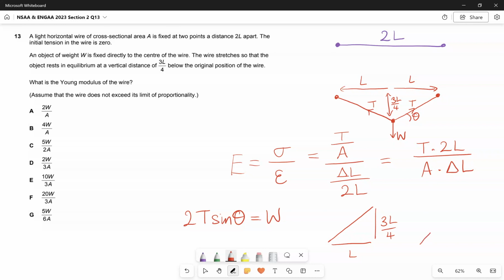We can see that more easily as a 3, 4, 5 triangle, because this is 3/4, this is 1. So if we scale everything by 4, we get 3, 4, and 5 for this triangle. So clearly this will be 5L over 4, but we don't really need to work that out. We just needed to work out sine of theta. So sine of theta would have just been 3 over 5.